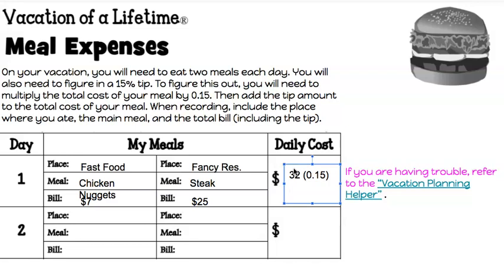Okay, then the tip you add on. So it's $32. I am giving a 15% tip, which is $4.80. So my total meal, I add 32 plus $4.80, and it's going to cost me $36.80 for day 1. Okay, and you continue to do this for however many days and however many people you need.